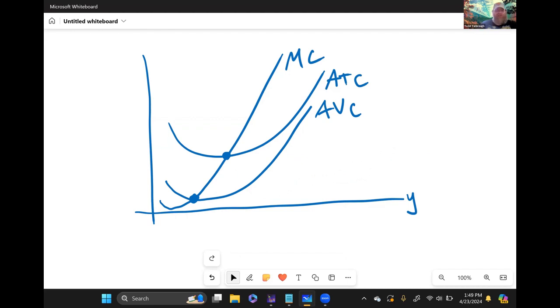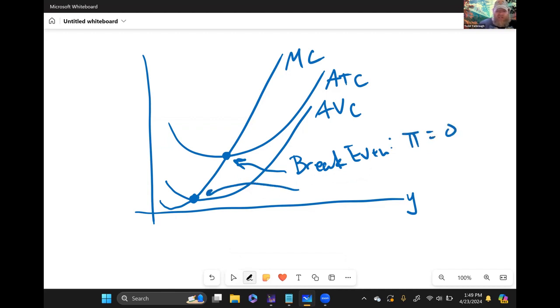Okay, that's important because these points also represent, so this is the break-even point. Break-even is profits are equal to 0, and this is the shutdown point when profits are less than 0 and the firm exits.